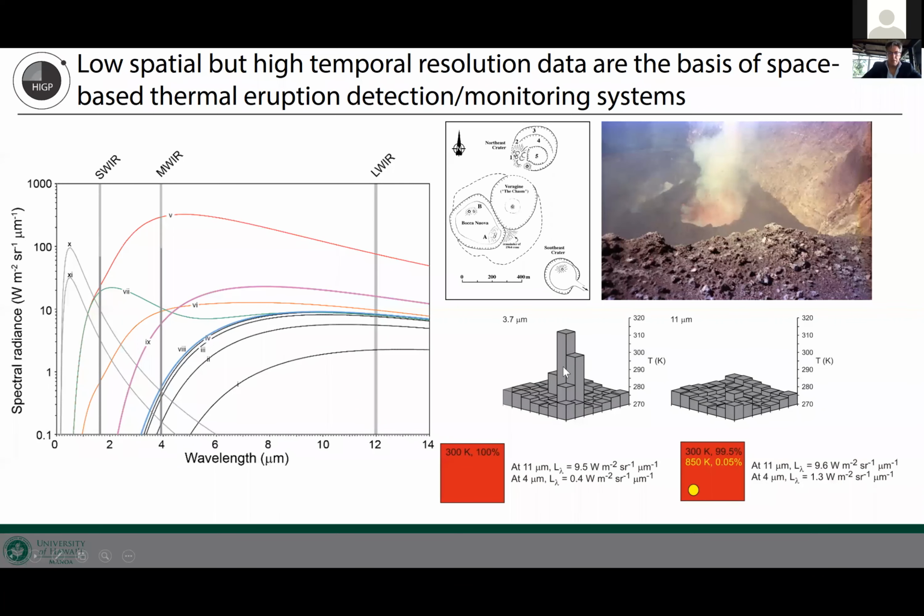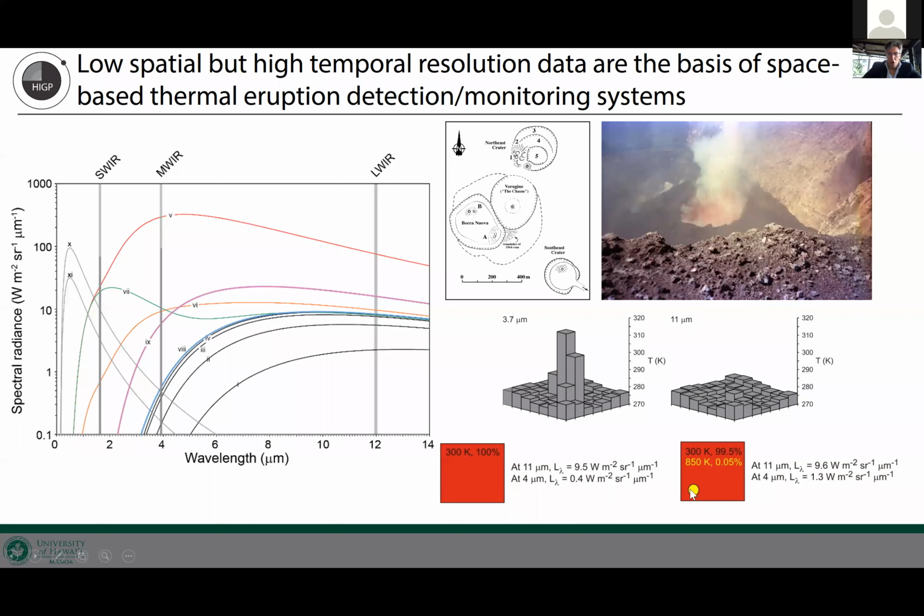And this graph shows you why. Just for some illustrative numbers, if I take my thermally homogeneous pixel at 300K, where it's just filled with background at 300K, at 11 microns the radiance is 9.5, and at 4 microns the radiance is 0.4. You can see that off this graph as well.